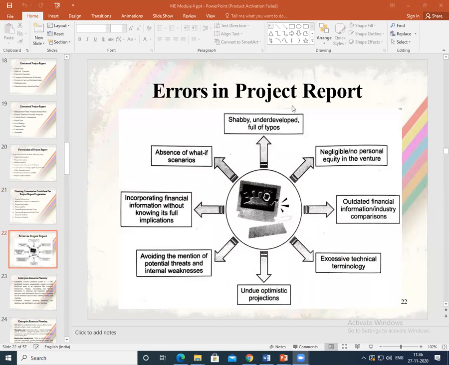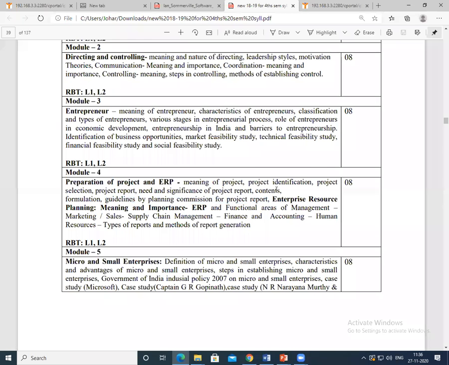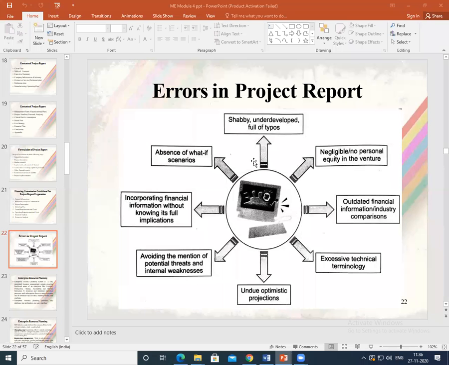So, errors in the project report. This is the last topic on this before enterprise resource planning. So what are the errors in a project report? The absence of what-if scenarios.